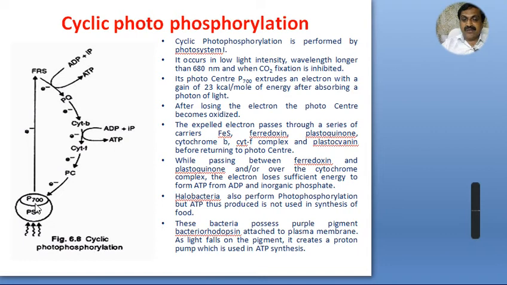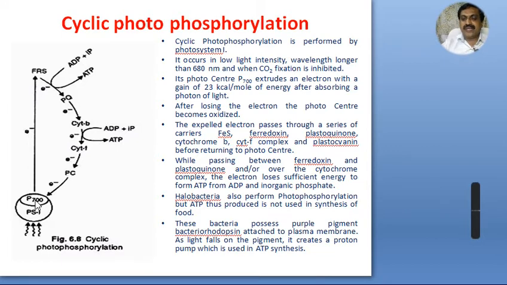So this chlorophyll A molecule, after getting the light energy in the form of a photon, gets excited. As I told earlier, the excited chlorophyll loses a valence electron. The electron present in the outermost orbital gets expelled from the excited chlorophyll A. This electron passes through various electron acceptors like FRS, ferredoxin reducing substance, PQ, plastoquinone, cytochrome B, and cytochrome F, and plastocyanin.